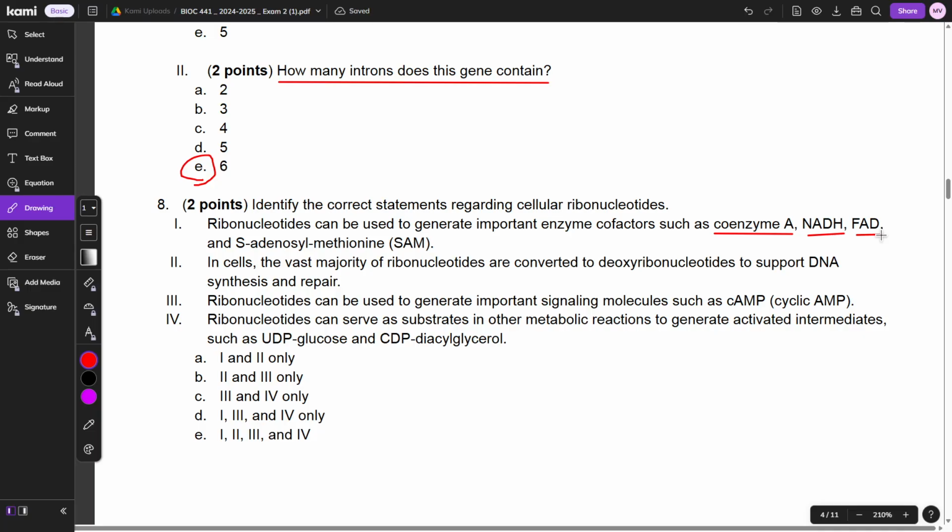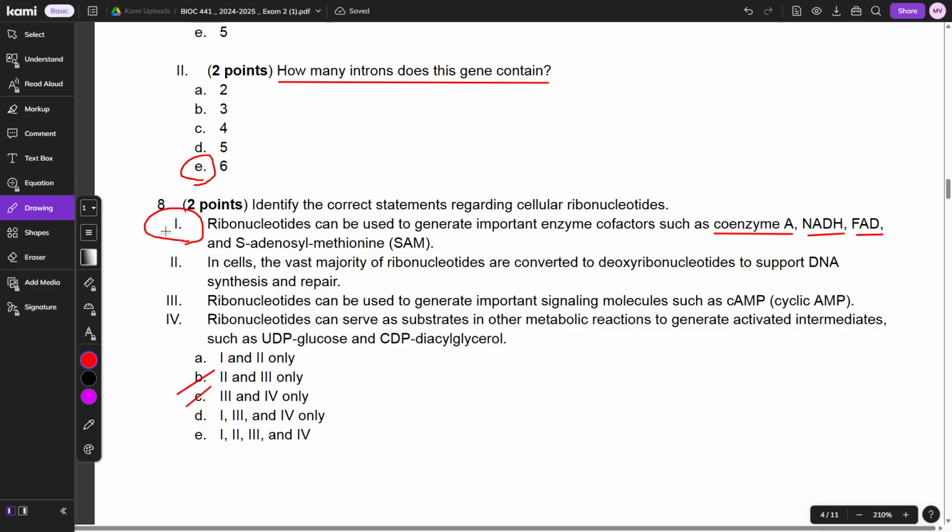So that's how you know. When it says adeno in it, it's adenosine. So these are for sure made by that. And even if you didn't know what this is, very conveniently there is adenosyl in the name. So I think you can infer that it uses adenosine. So 1 for sure is going to be correct. So anything that doesn't have 1 in it is going to go bye-bye.